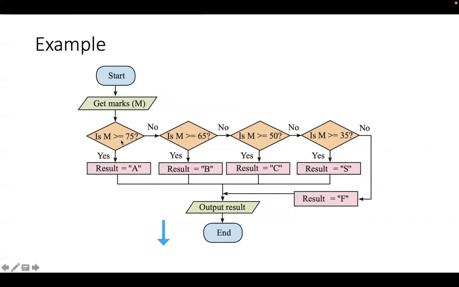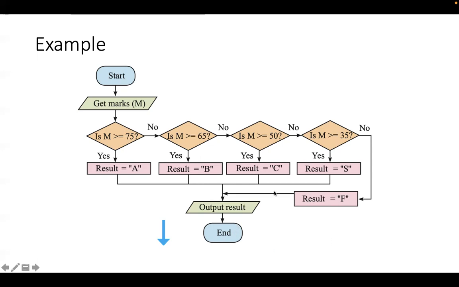If the marks entered are greater than 75, the variable result becomes A. If not, is marks greater than or equal to 65? If yes, result becomes B. If it is greater than or equal to 50, it becomes C and S. And finally, if the marks are less than 35, the result becomes F, and finally output the result.